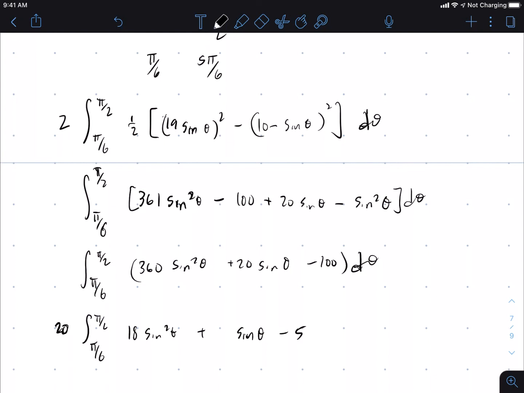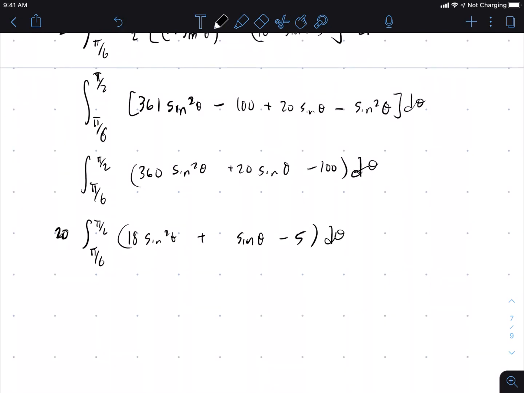All right. So we could break it up and do individual. Do you want to do individual? We can. It's fine. I'll just do it this way. Boom. That's going to become 9 times 1 minus cosine 2 theta. Agreed? Agreed.